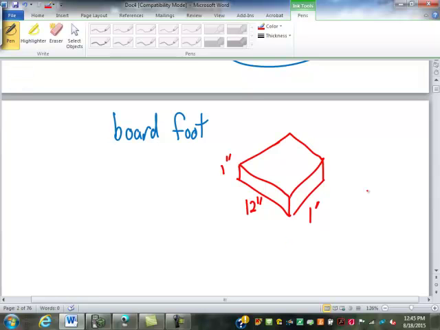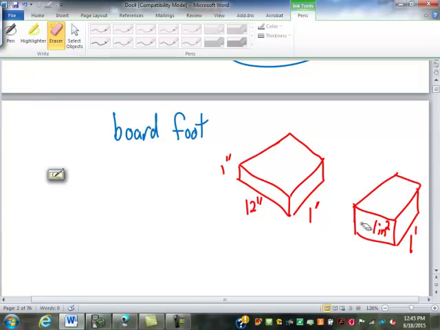So it's 12 inches by 12 inches by 1 inch, and it actually gets converted down to 144 square inches of cross-sectional area for a foot of length. Or not 144, 12 inches. It's 144 cubic inches is a board foot. It's 12 inches of square cross-sectional area for 1 foot of length. So it doesn't have to be a 1 by 12, it can be a 2 by 6.